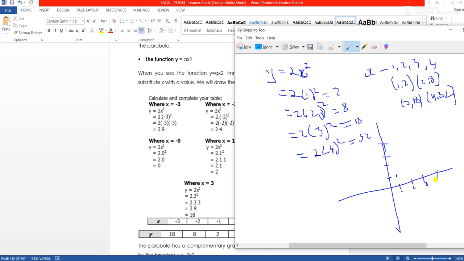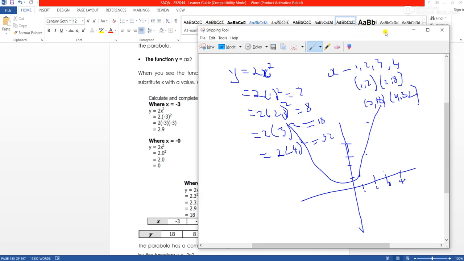So we've got 2, 8, 3, 18, and 4, 32. Let's assume this is 32. So our graph will be in this form. This will be our hyperbola.